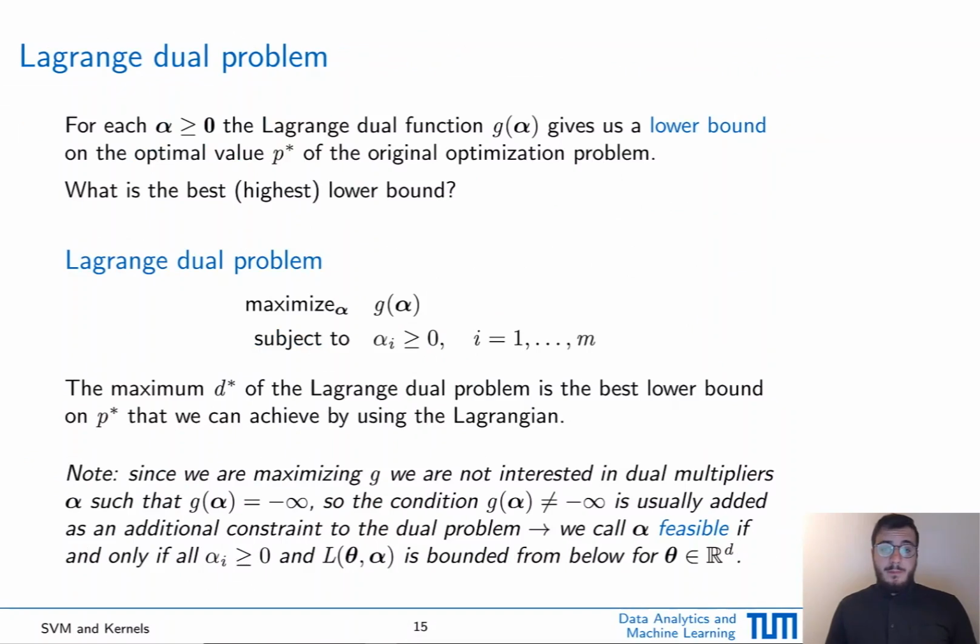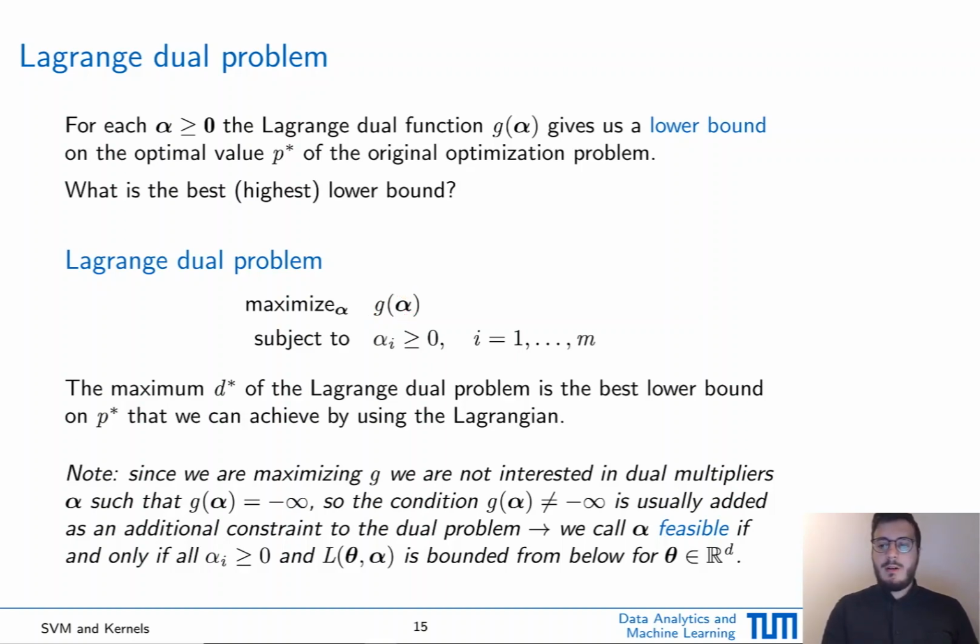Right, so what we've seen from here is that for each alpha which is positive, the Lagrangian dual function always gives us a lower bound on the optimal value p star of the original optimization problem. So then the question is, which alpha do you choose? Well, we simply choose the best alpha. We try to find the maximum possible g of alpha.